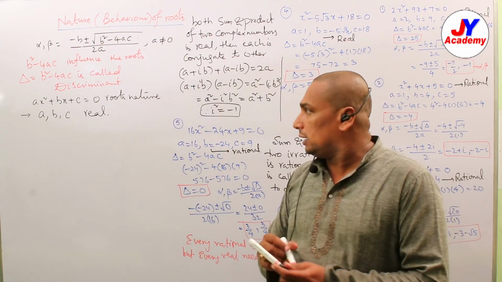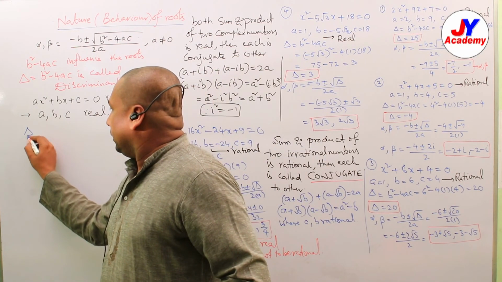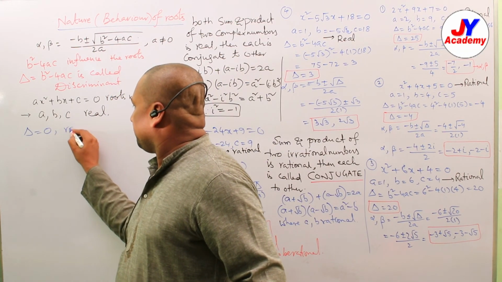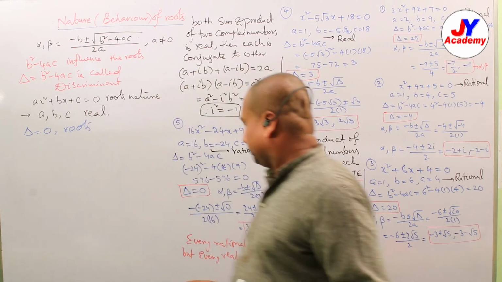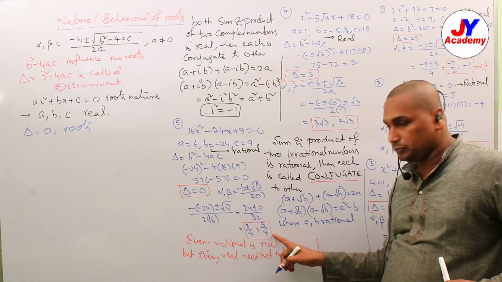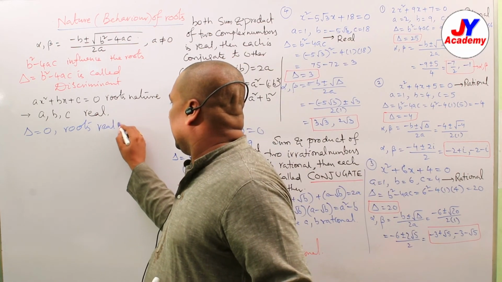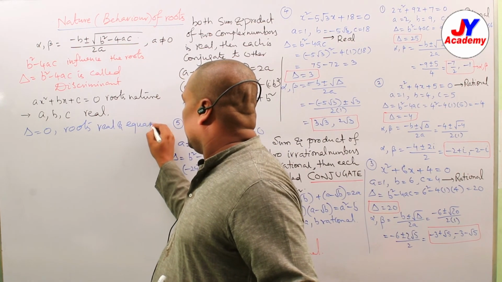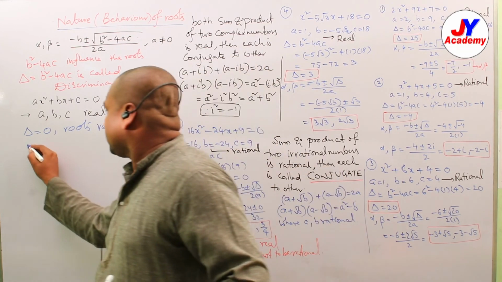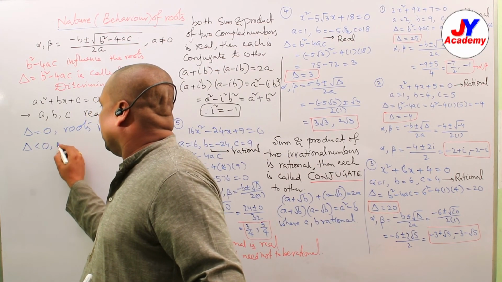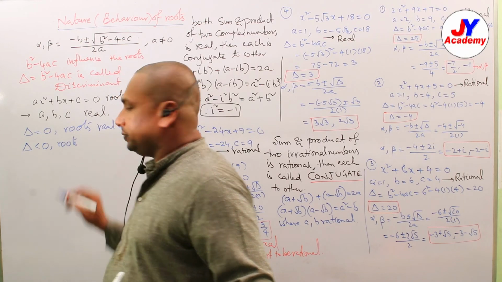If A, B, C are real and delta equal to 0, what about roots? Both are equal, so roots are real and equal.